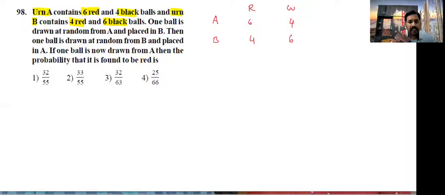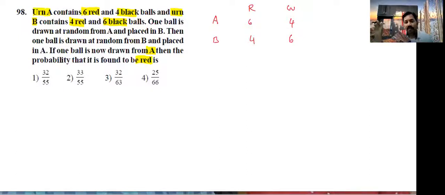So here, 3 times we want to pick a ball. First, we want to select a one color ball in urn A, pick that up, write the probability and keep it in the second urn.